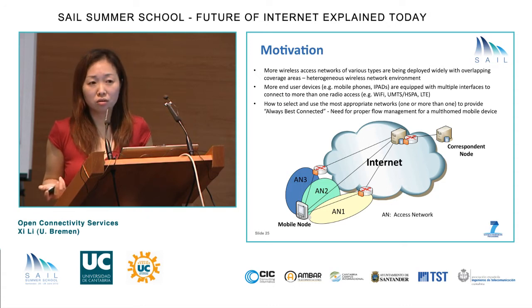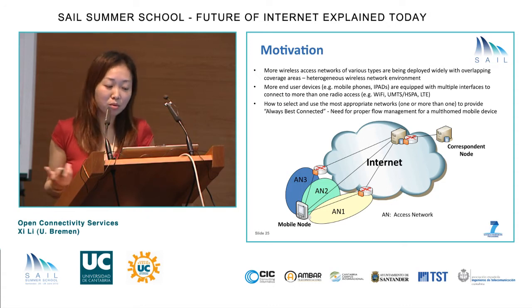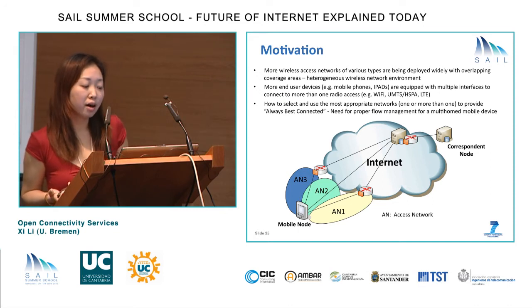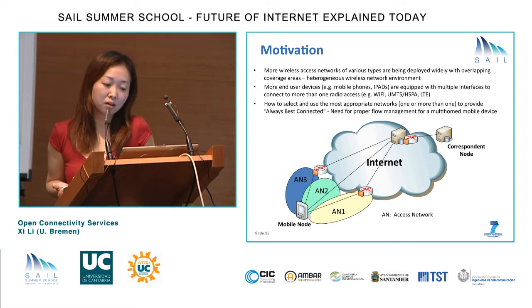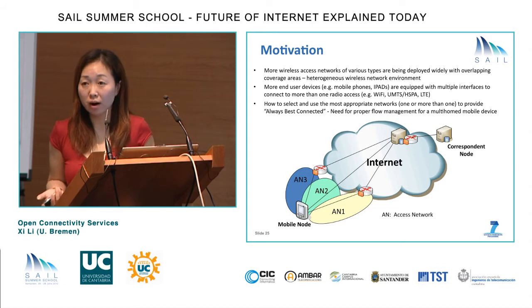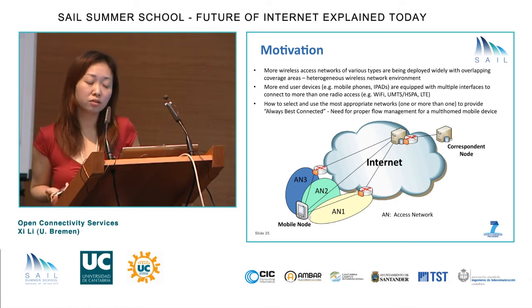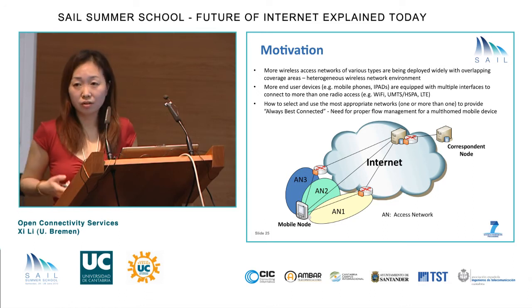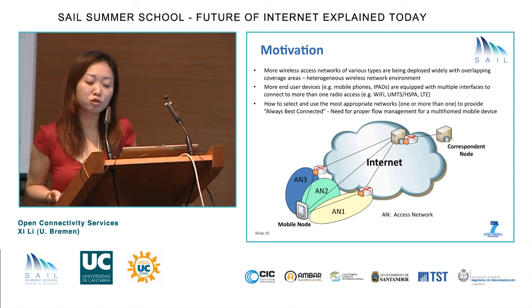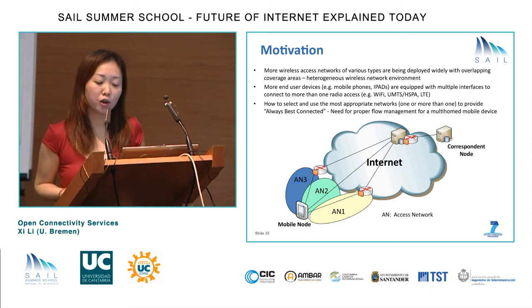So we are now facing the challenge of how we select and use the most appropriate access networks, which could be one or more than one of such networks, in order to provide always best connected services. In this context, we need a proper flow management mechanism for the multi-home mobile device.